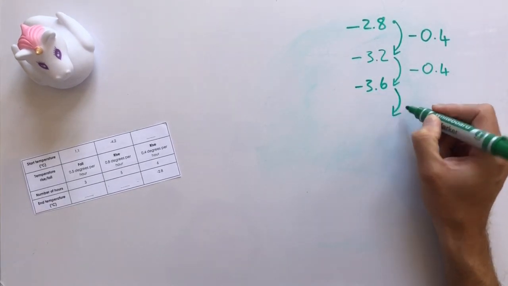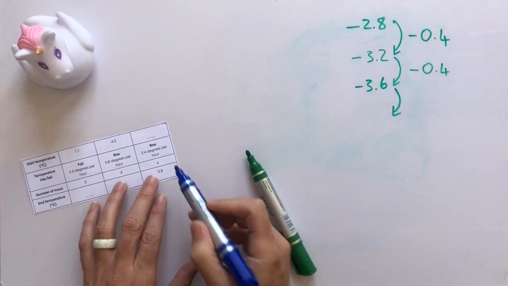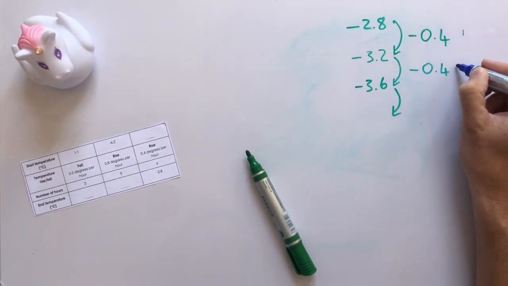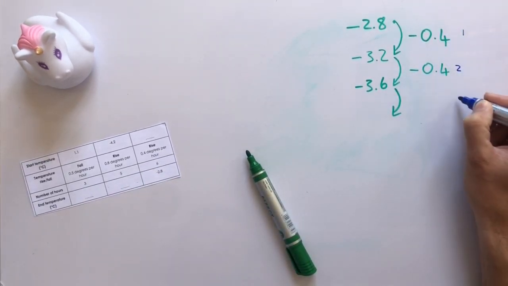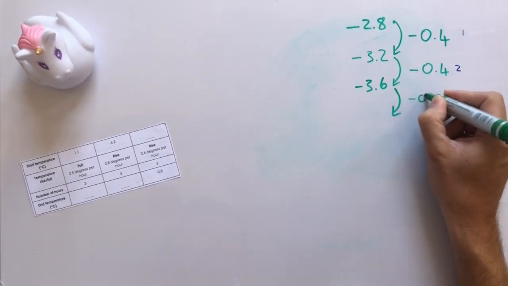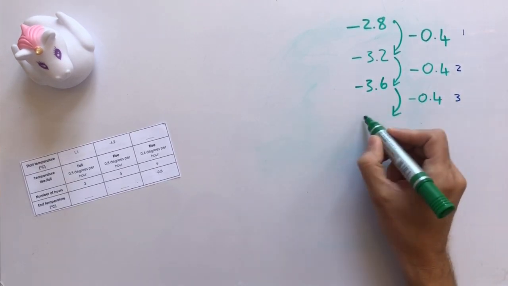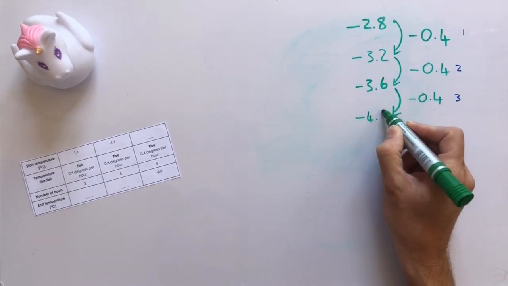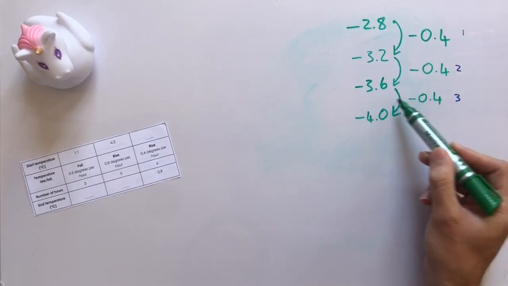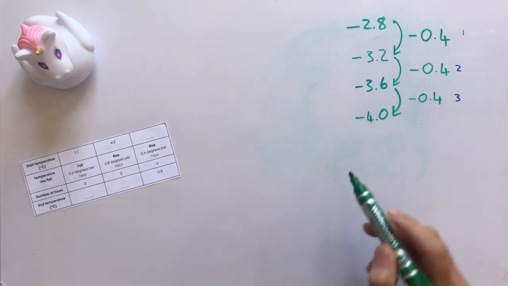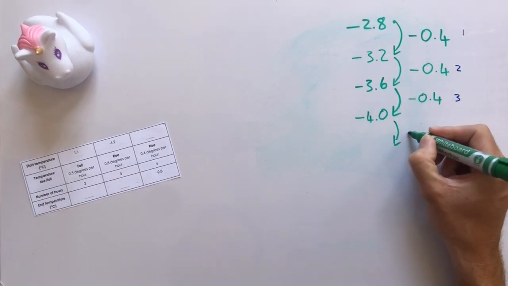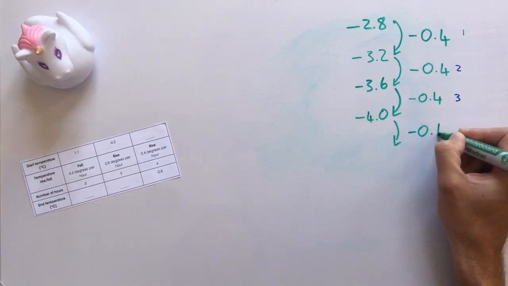And on the second one, so let's just do this because we're looking at 6 hours. So this was the first hour, that was the second hour, this would be the third hour. We're going to end up at negative 4.0 because 3.6 adding the 4 is going to be 40, or 36 plus 4 is 40. We're going to add another 0.4.